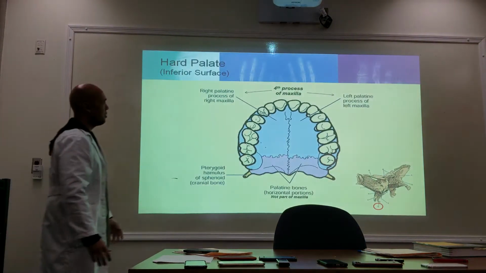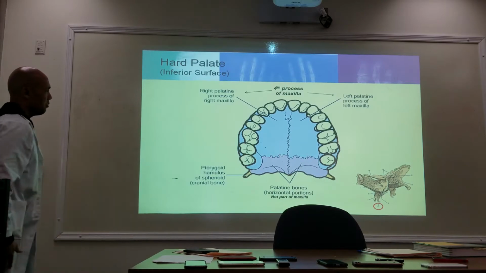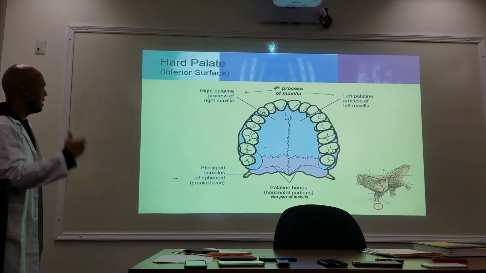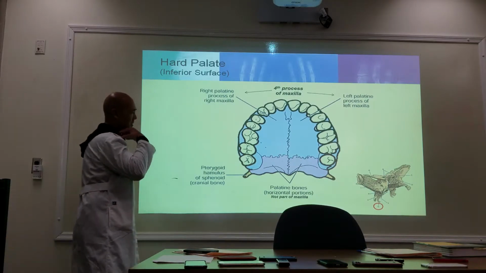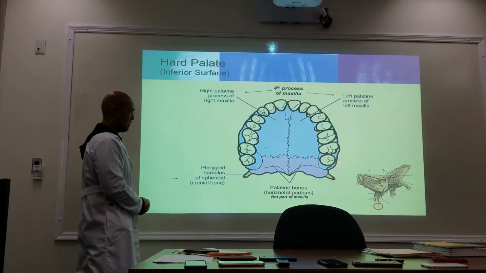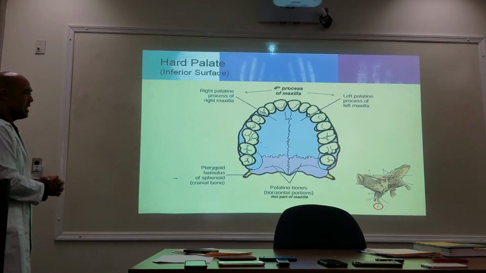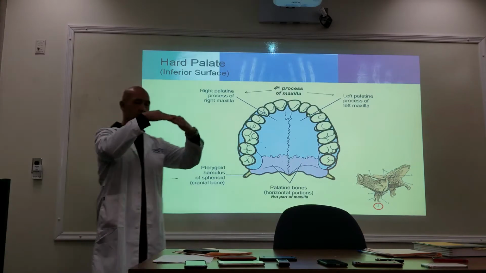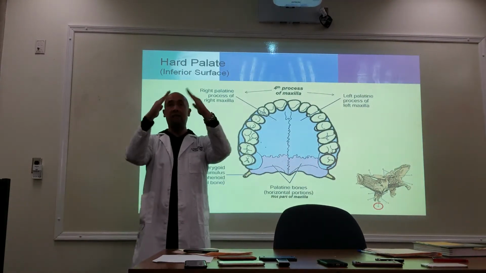All right, so here we have the roof of the mouth, the hard palate. That's the palatine process. And then right in the back of that is the palatine bone. It's a separate facial bone. It's broken up into two different portions that I'll show you later on. There is a horizontal portion of the palatine bone, and there's also going to be a vertical portion.